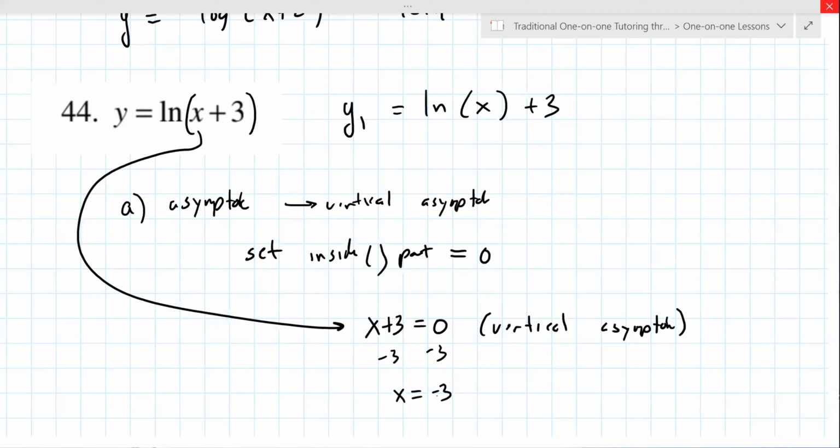So that's the asymptote. It's always vertical. So that leads you to B.